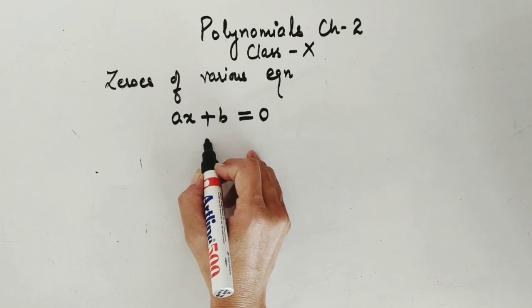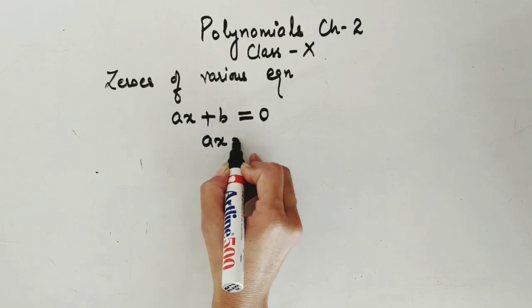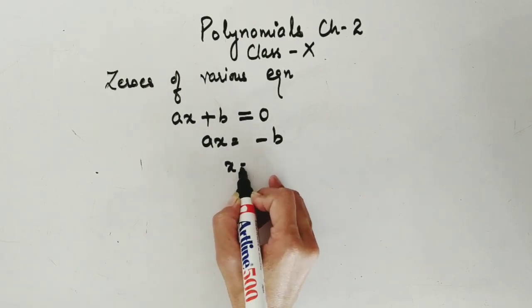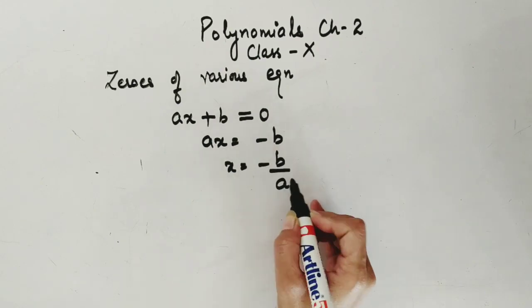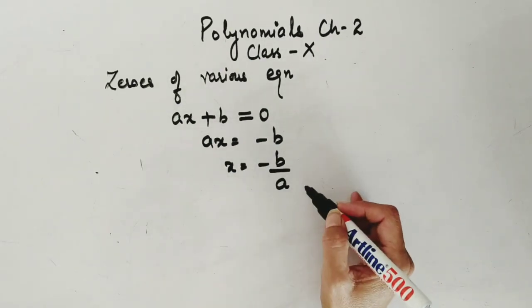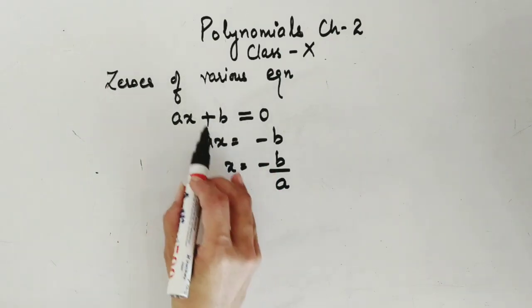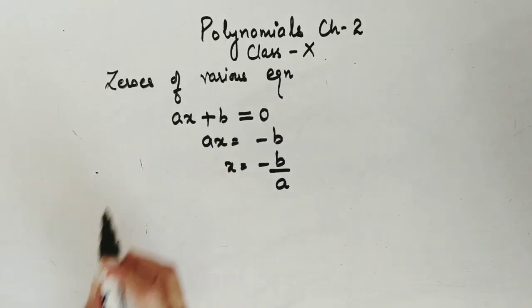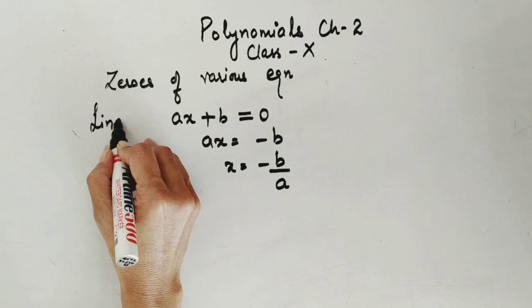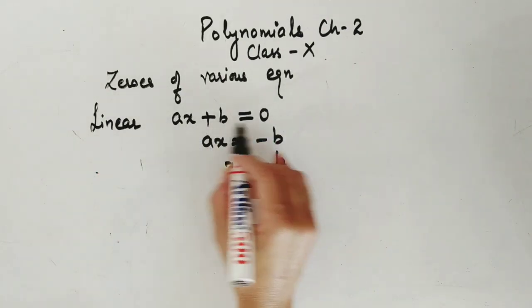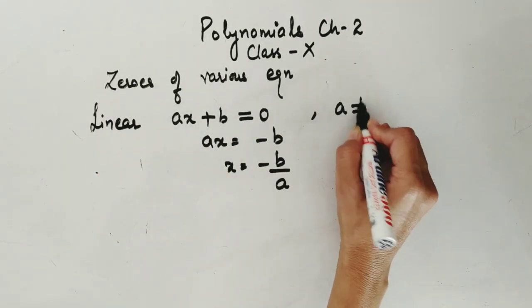So ax equals minus b and x would be minus b by a. This is what we did in class 9. So for zeros, we equate the polynomial to 0. This is for linear. The condition for this is that a should not be 0.